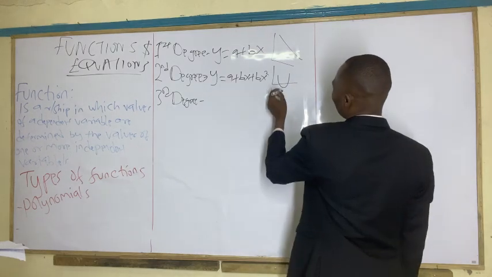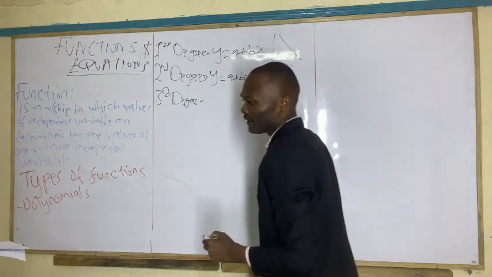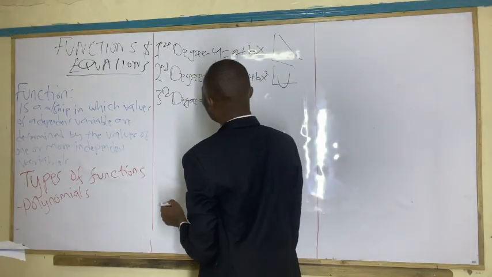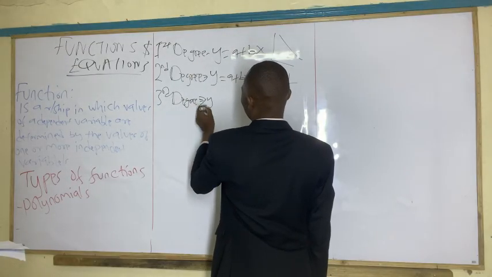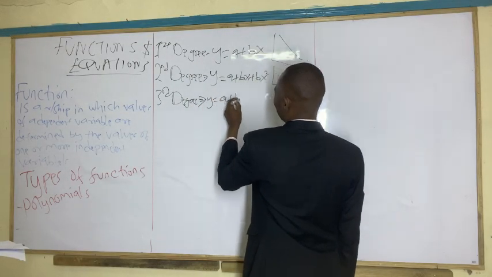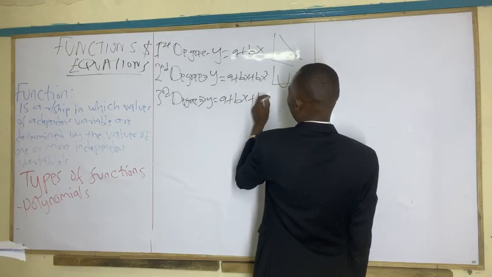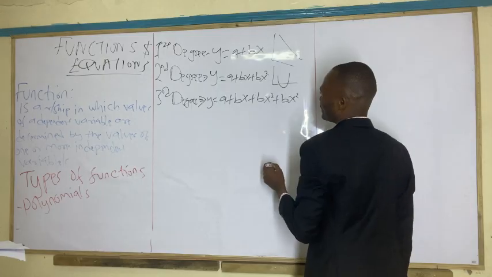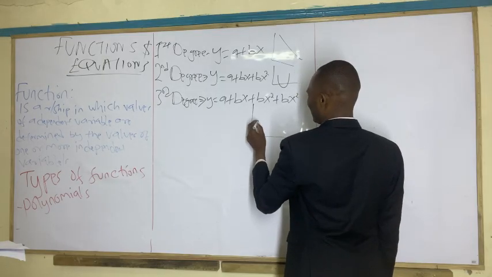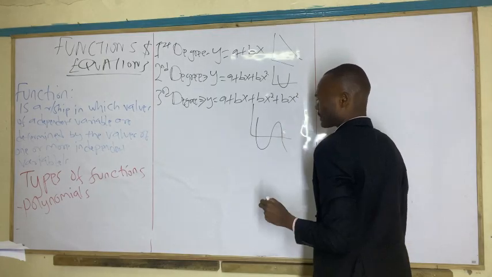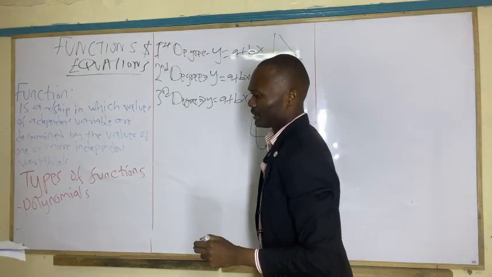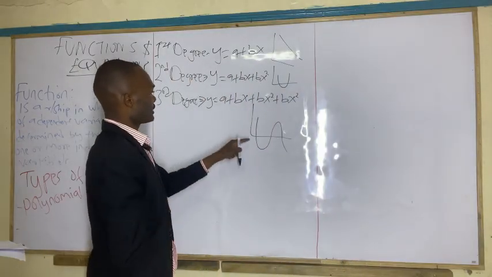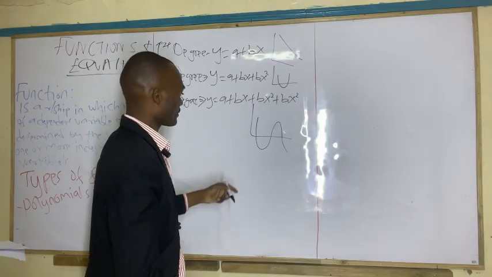It can either be this way, it can be that way, depending. And then the last one here is what we call a cubic function. Here y is equals to a plus bx squared plus bx cubed. So here, it will cut on this line twice.